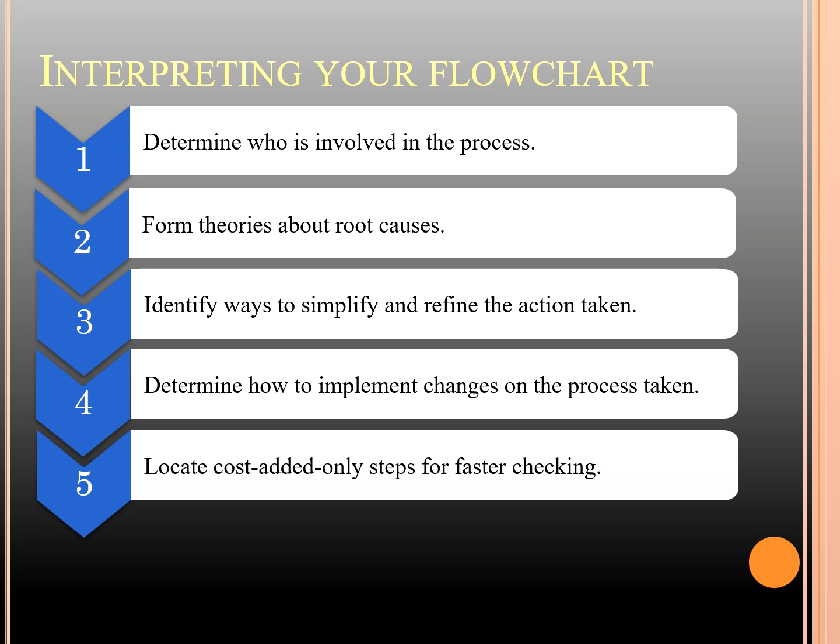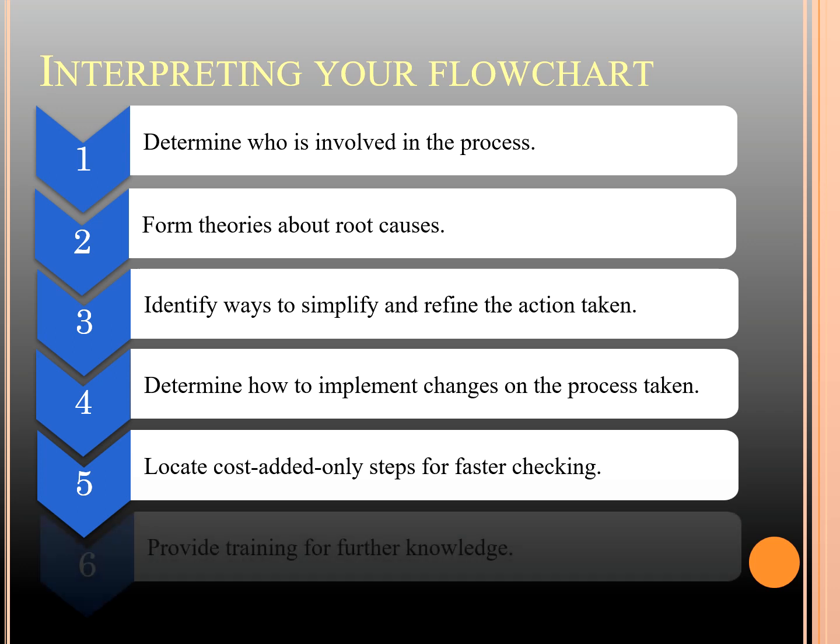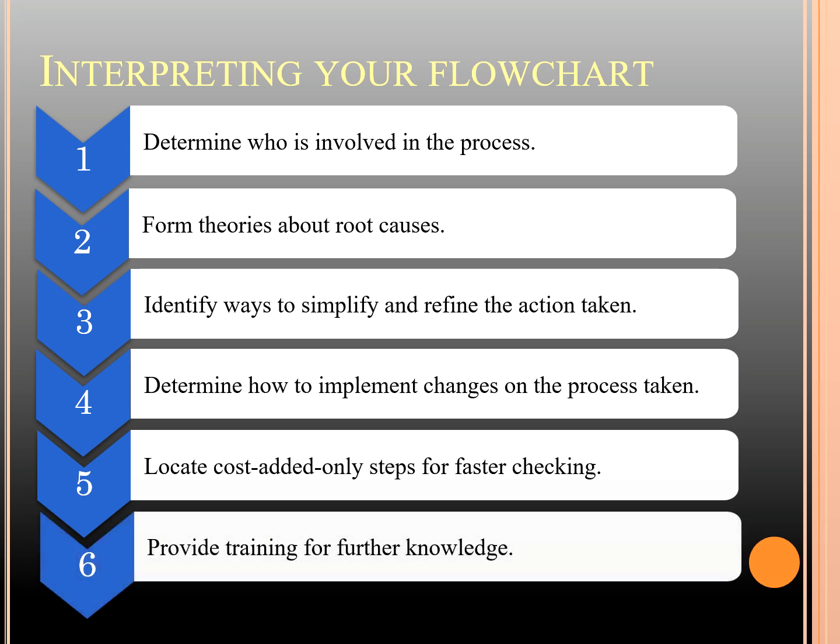The fourth step is to determine how to implement changes on the process taken. And fifth step is to locate cause added only steps for faster checking. And last is step 6, wherein provide training for further knowledge.